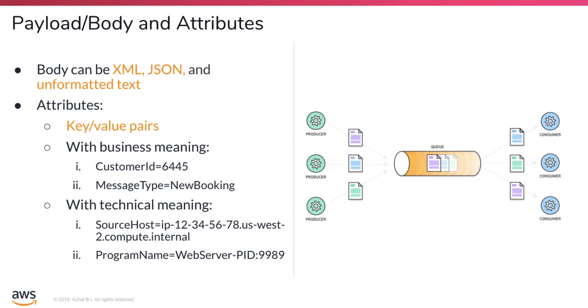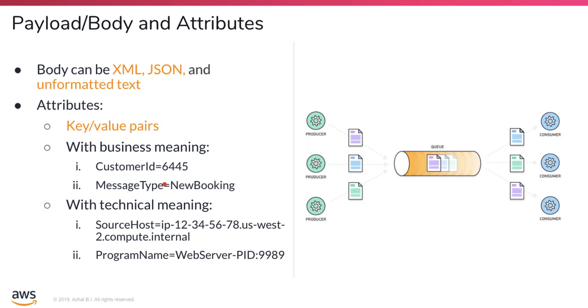What's the difference between these two? Why do we have to use technical meaning or business meaning outside the message body? It is if you want to route these messages, or if you want to process these messages even before looking into the actual body, then you could use these attributes to process those messages.